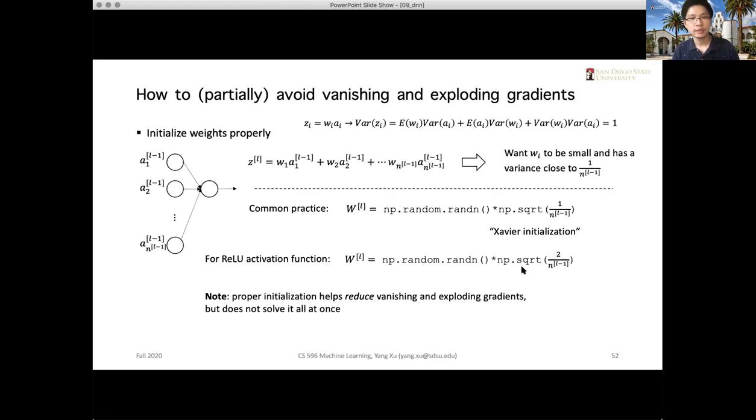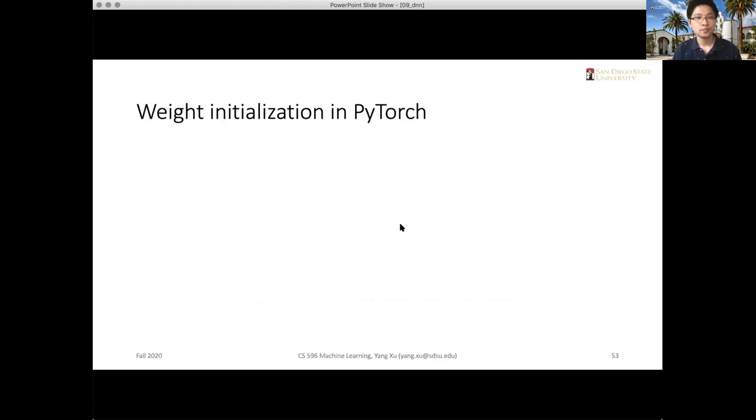All right, that's the Xavier way of initialization. In PyTorch, it's just one call of these statements.